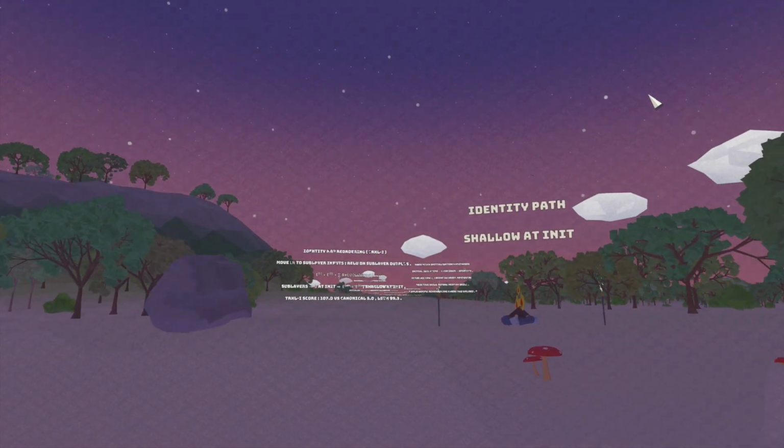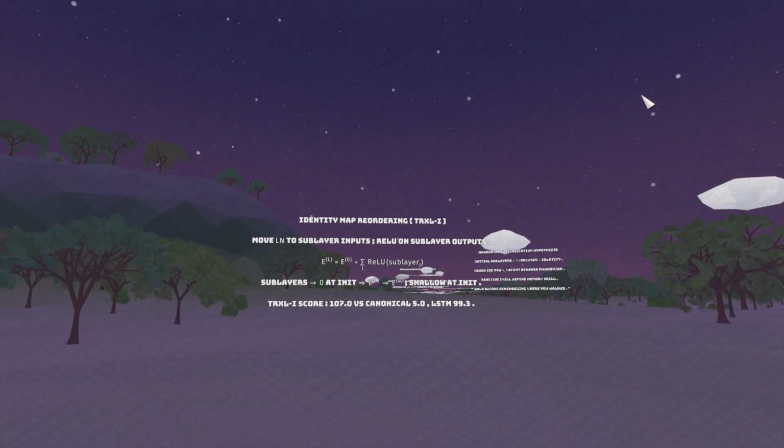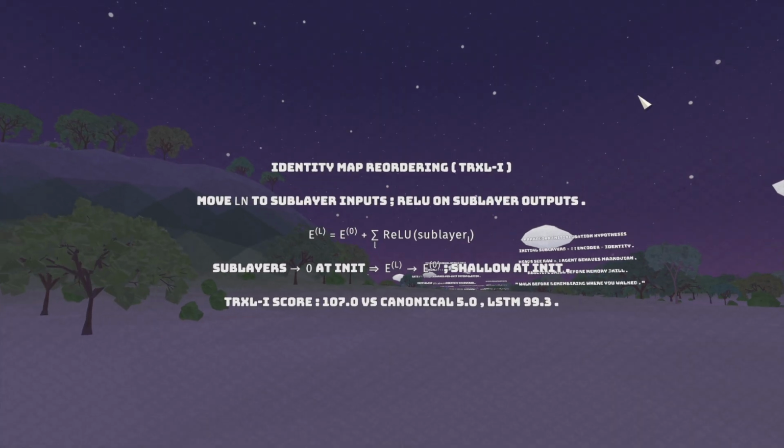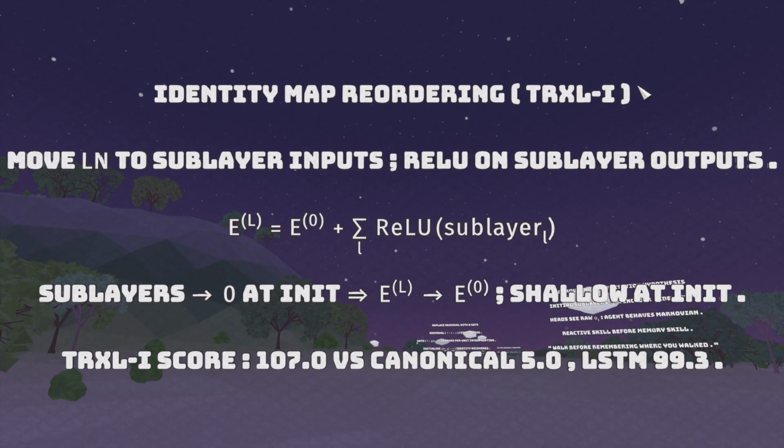And that's why they introduced this identity map reordering, which moves the layer normalization to the input of each sublayer rather than the output. Every sublayer now sees a normalized input, but the residual stream is left untouched through the layer. It becomes the original input plus a sum of outputs that have gone through the rectified linear unit across the depth.